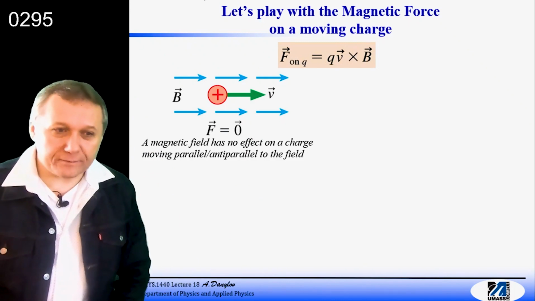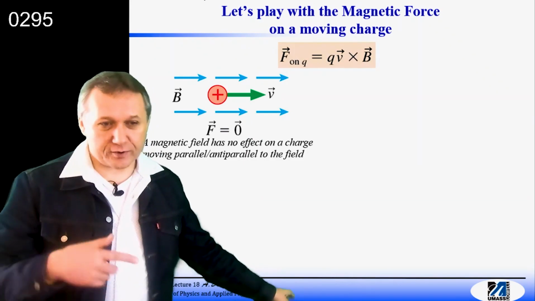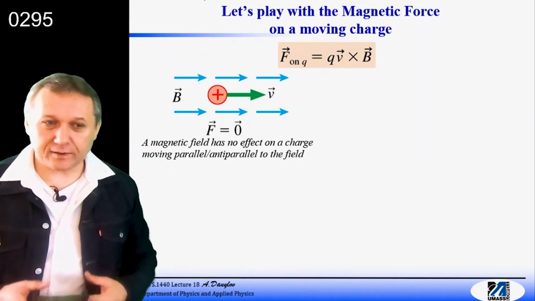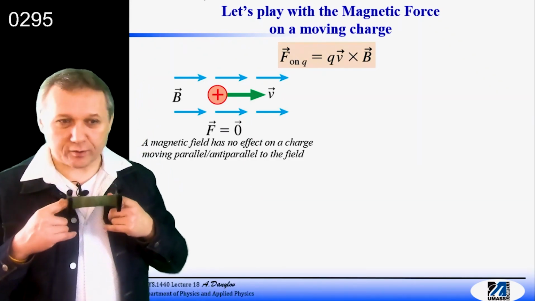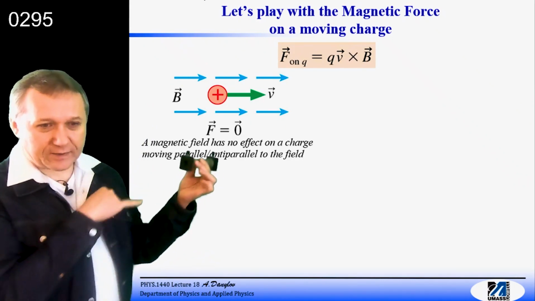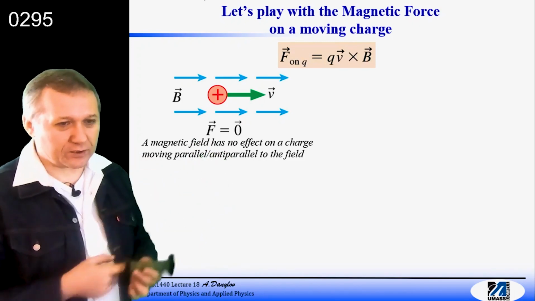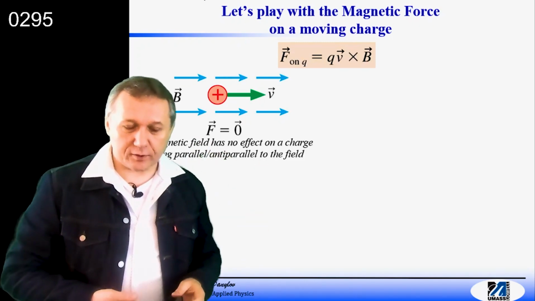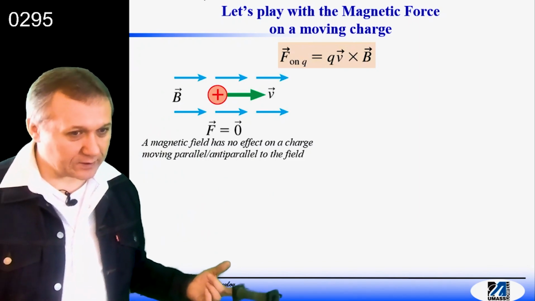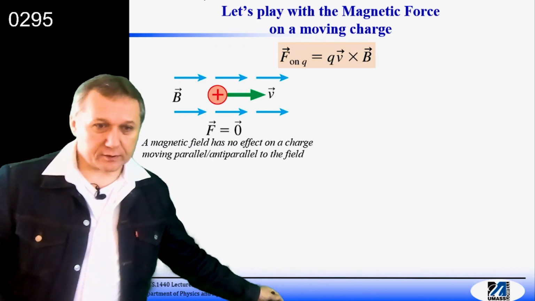If you send a particle along or opposite to the direction of the magnetic field lines, it is not going to experience a magnetic force. If you send a particle along the axis of the solenoid, it will just move straight without changing its direction or its velocity, because the magnetic force in this case is 0. So we remember this.